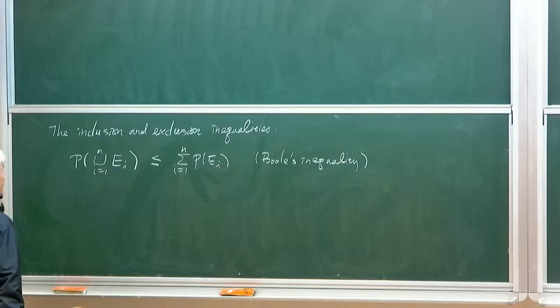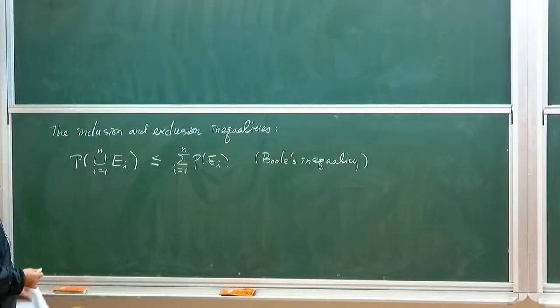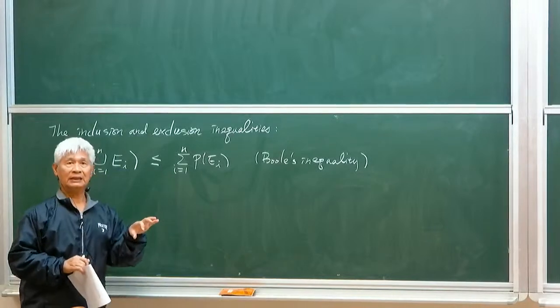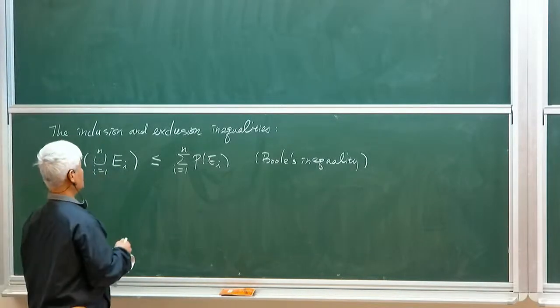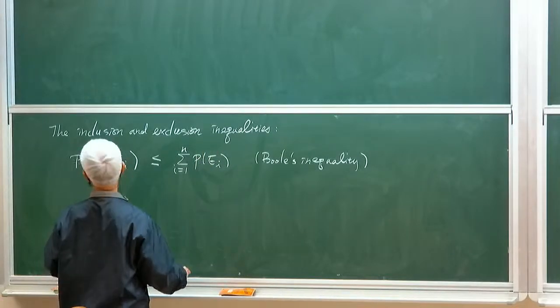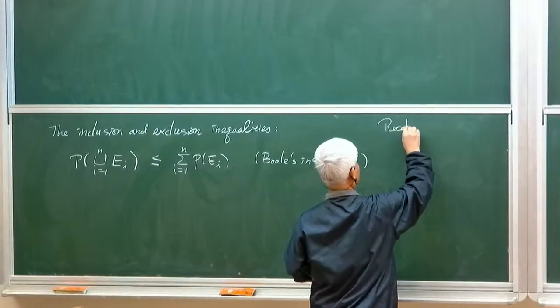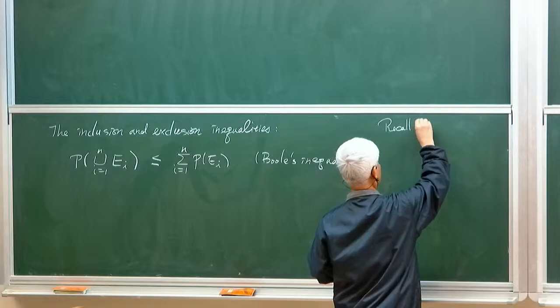Okay. So remember, if we want to have an exact identity as described in the inclusion-exclusion identity, we know that it is equal to a sum of several sums.